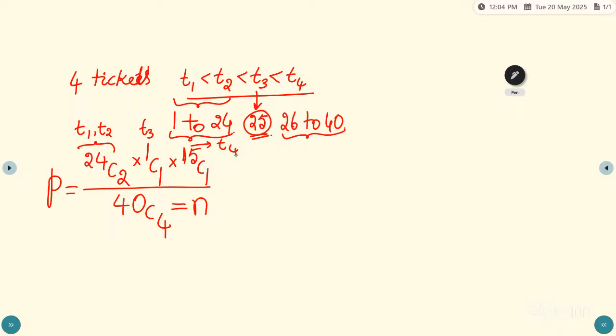Okay. Write another one which is related to the addition theorem on probability.